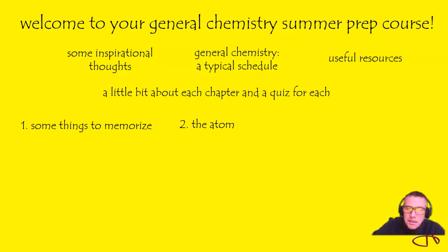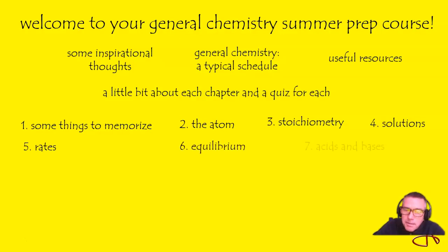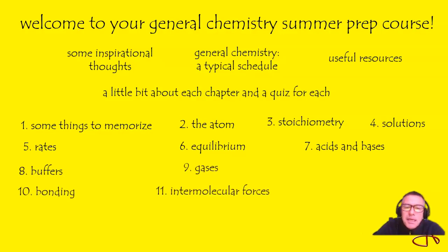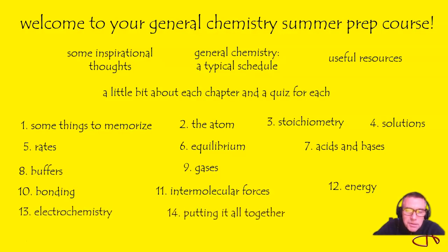We'll then start with the atom, stoichiometry, solutions, typically one session each for these, rates also known as kinetics, chemical equilibrium, acids and bases, buffers, gases, bonding, intermolecular forces, energy, and electrochemistry, and then we'll put it all together.